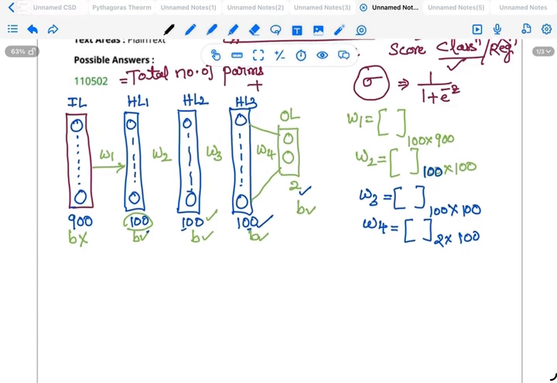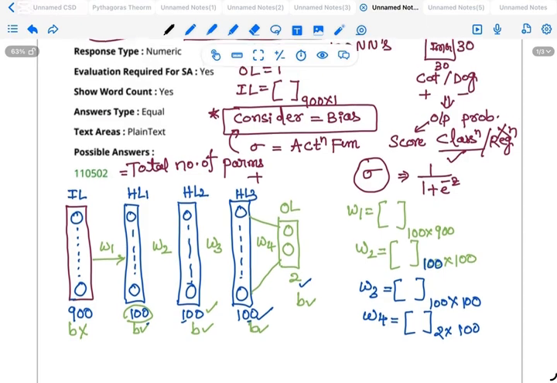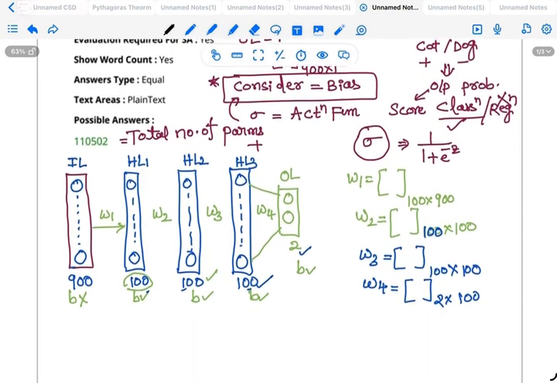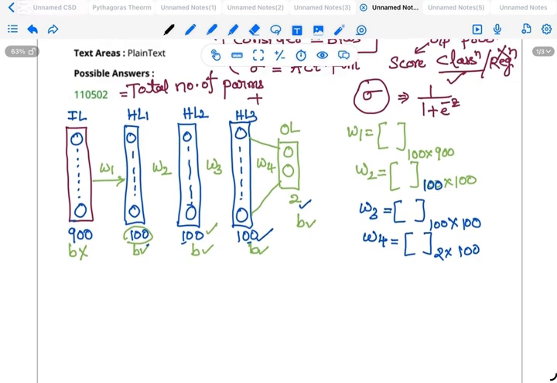Next, in this question, we need to find the total number of parameters including bias in each layer. In the first layer, there are 900 into 100 plus the bias of layer HL1.